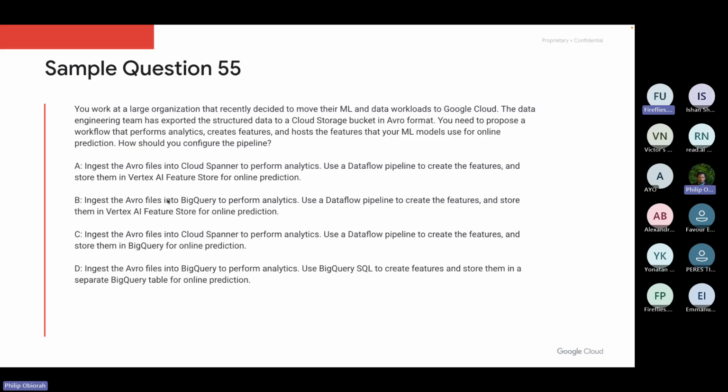Now we are left with option B and option D. Second, where do we host the features for online serving? That's the next question you should ask. Do we host it on BigQuery or should we host it on Vertex AI Feature Store?